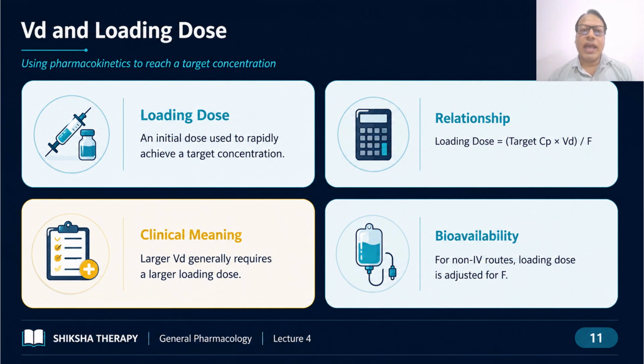So if a drug has a larger VD, a larger loading dose may be required to achieve the desired plasma concentration. For non-intravenous routes, bioavailability must also be considered. In simple words, VD helps us estimate how much drug is needed to reach the desired target concentration.